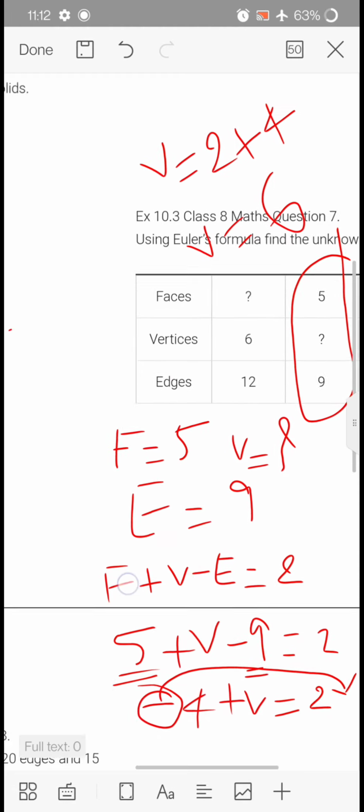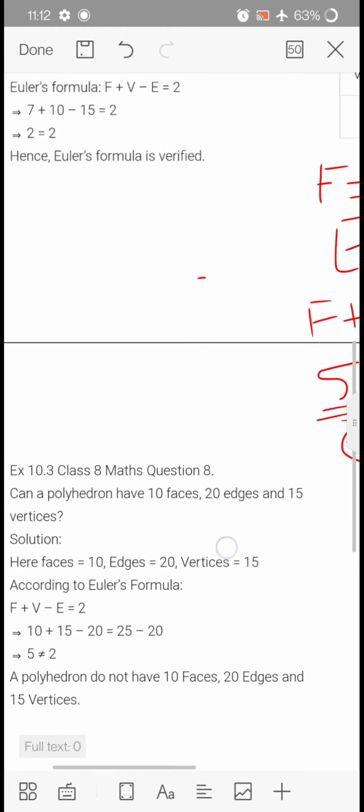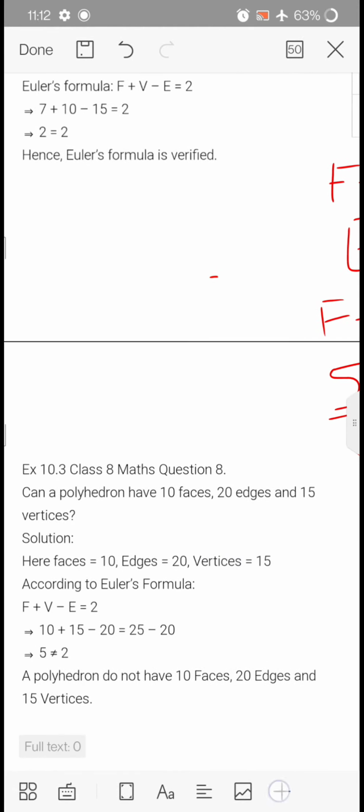Moving to the next question, question 8. The question is: can a polyhedron have 10 faces, 20 edges and 15 vertices?